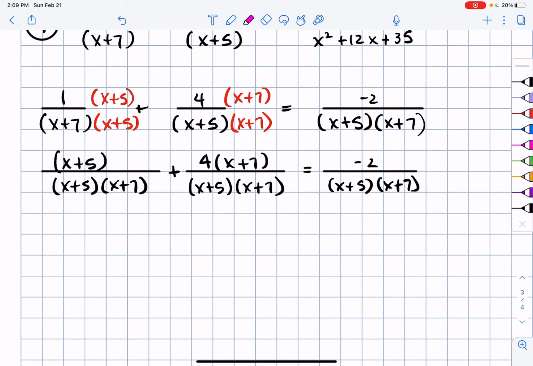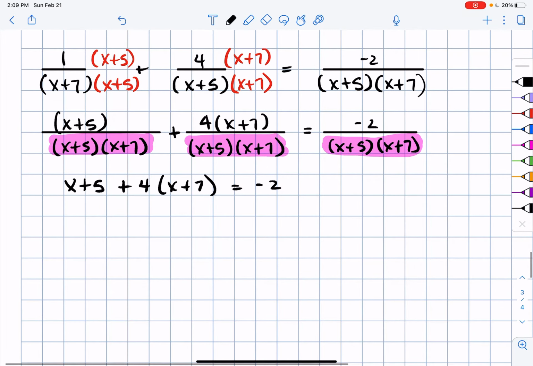So if you notice, my denominator is the same here and here and here, right? So that means I can write the equation x plus 5 plus 4 times (x plus 7) is equal to negative 2. Because if the bottoms are all the same, that means the top must be the same.